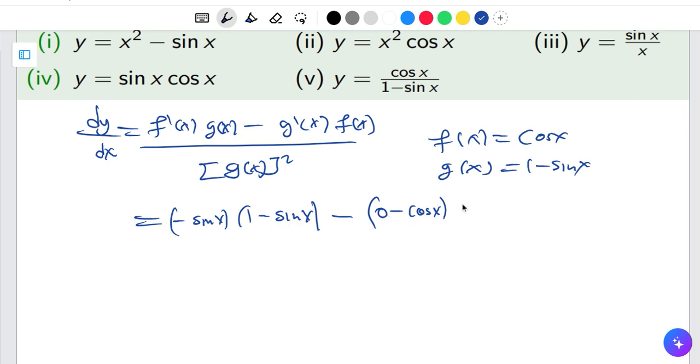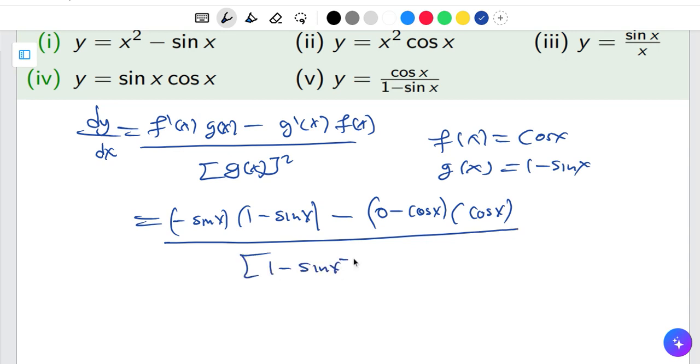Multiplied by the f function. F function is cos x, divided by 1 minus sine x, then we square it. From there we can multiply. Then plus this one. Here you can see that negative and negative give positive.